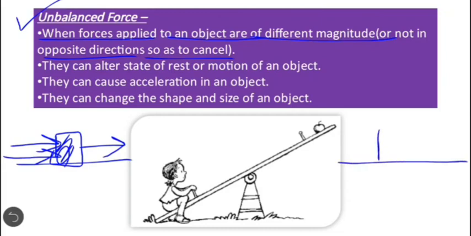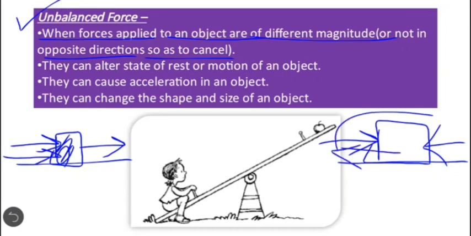If an object is put on a surface and you apply a little force from one side and a bigger force from the second side, then the object will move in the direction of the bigger force. It is also a condition of unbalanced force. So unbalanced force can alter the state of rest or motion of an object. It means by unbalanced force we can move an object which is in a state of rest or in a state of motion.